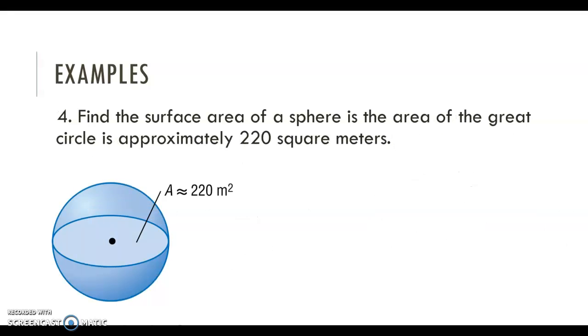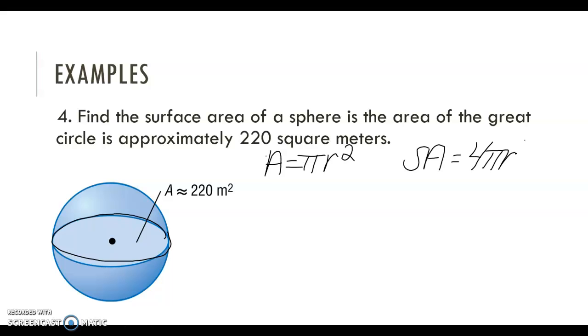This next one, they are giving me the area of the great circle. So they're telling me that the area of this great circle is approximately 220 square meters. So recall the area formula is pi r squared. The surface area formula is 4 pi r squared. If I know the area is 220, I know that pi r squared is 220.